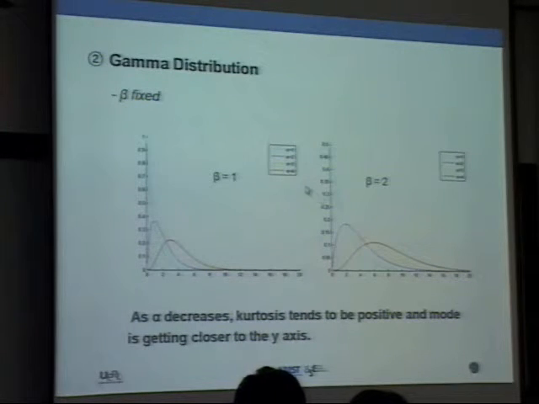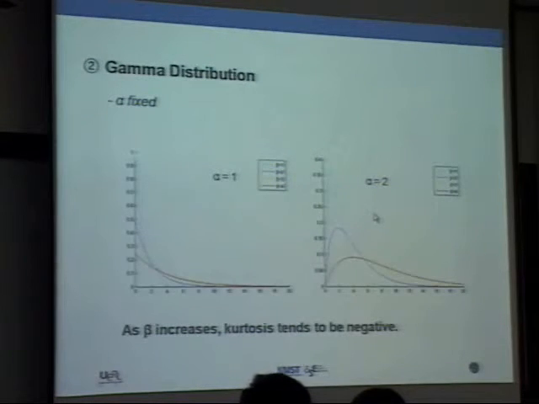In the gamma distribution, when beta is fixed, as alpha decreases, kurtosis tends to be positive and mode is getting closer to the y-axis. When alpha is fixed, it is equal to when beta is fixed.